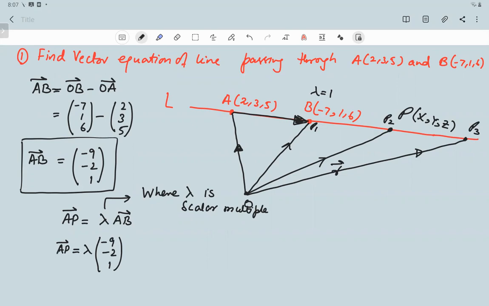And now OP is equal to OA plus lambda times AB, or I've missed one step.